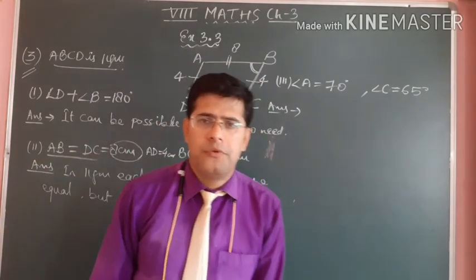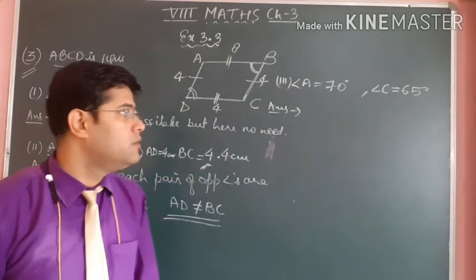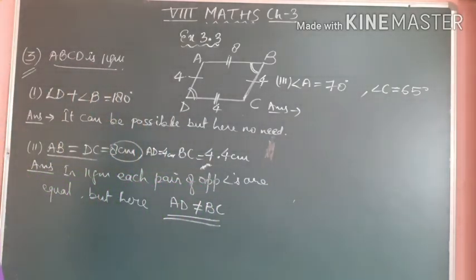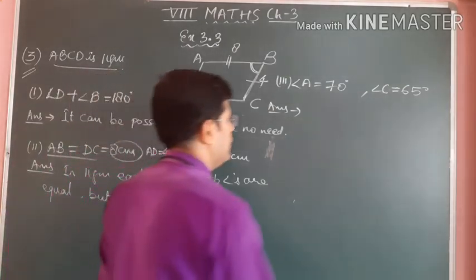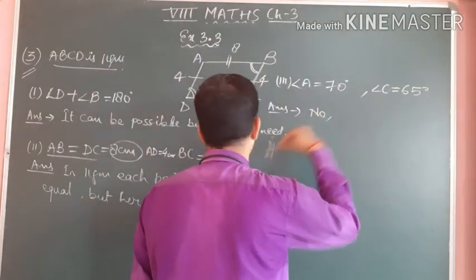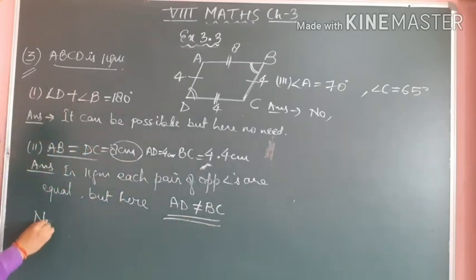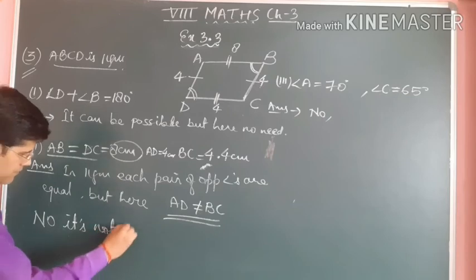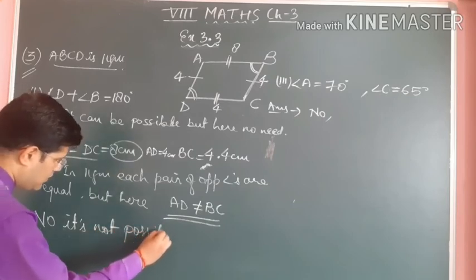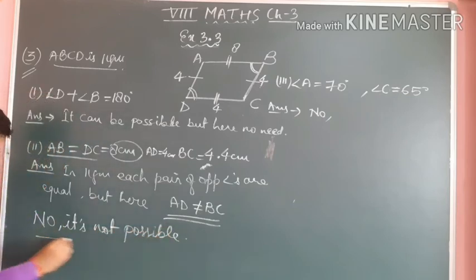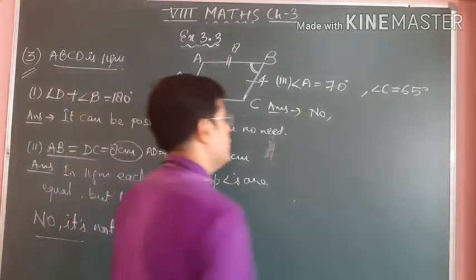Now move to the last part, which is angle A equal to 70 and angle C equal to 65. No, it is not possible.